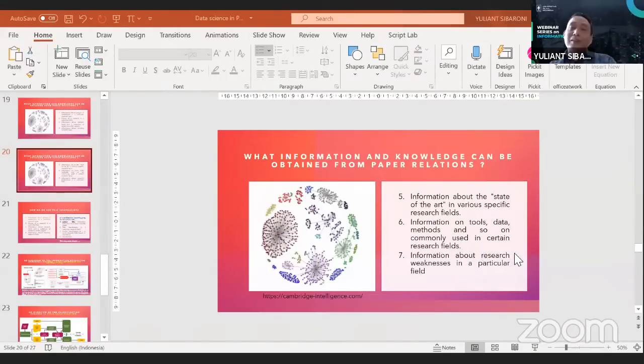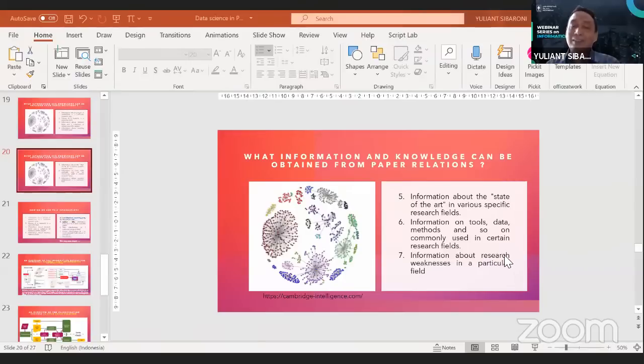We can extract, for example, what the paper is, who the author of the paper is, the weakness of the paper, and who criticized it.